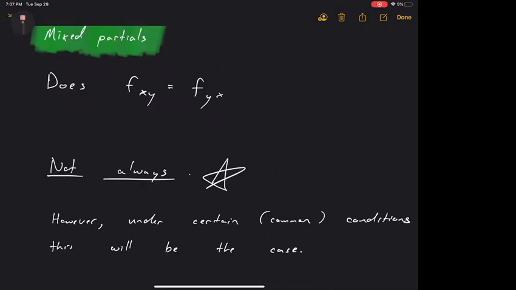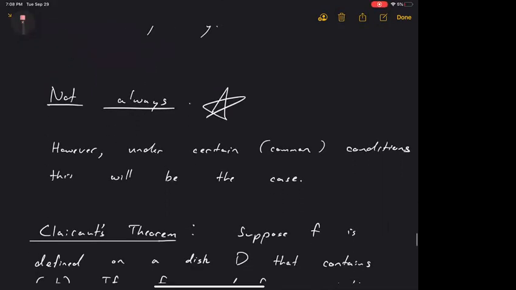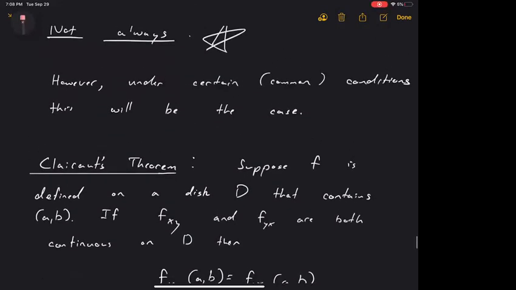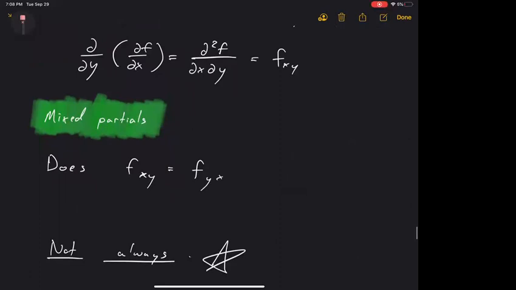However, we do have some nice conditions under which it will be true. Under these certain conditions, and these conditions are fairly common, this equality will hold. This will be true in most cases. I think that would be a good test question, though.